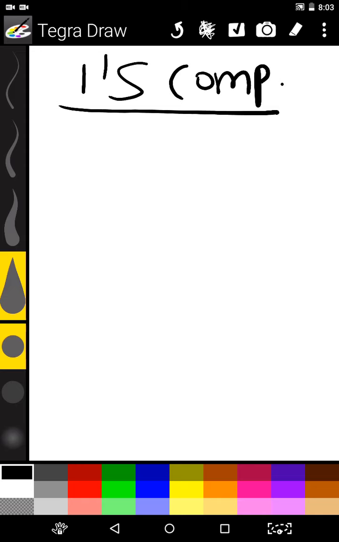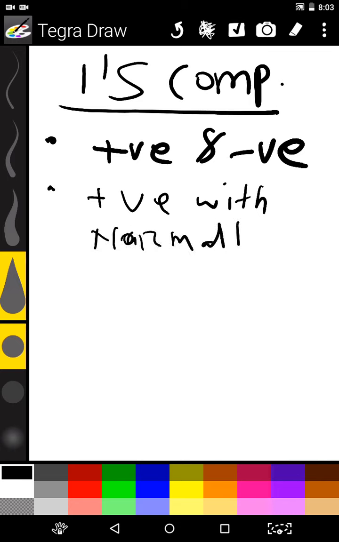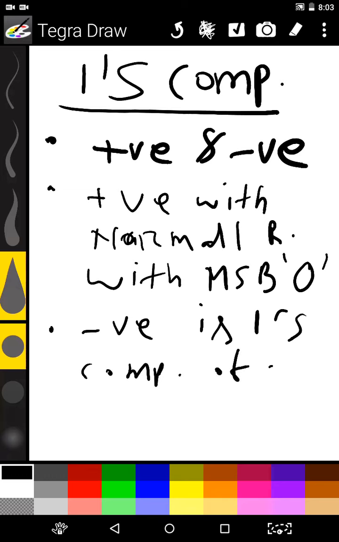In this, positive numbers are represented with a normal binary representation with MSB bit as 0, and a negative number is the 1s complement of the positive representation.